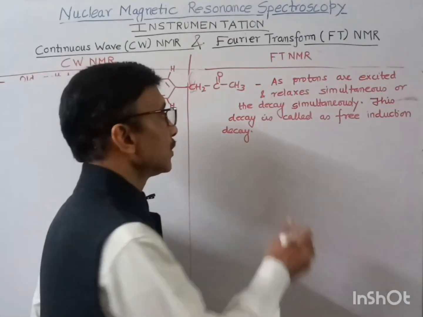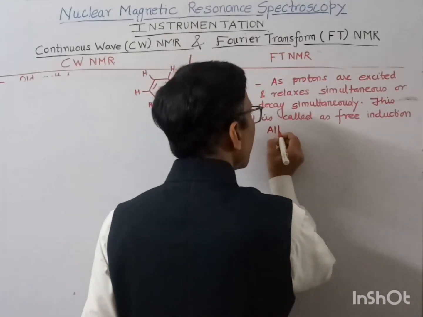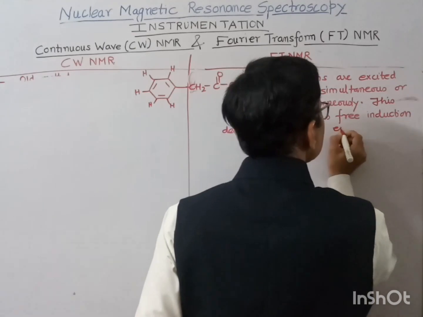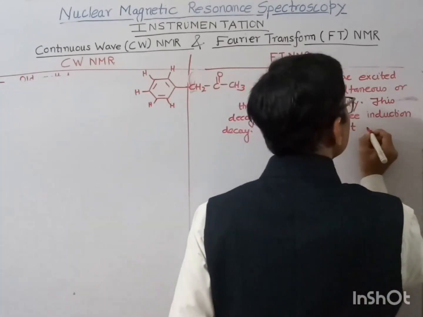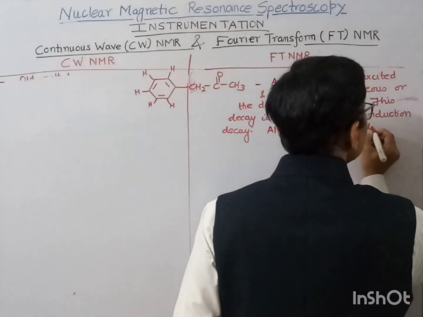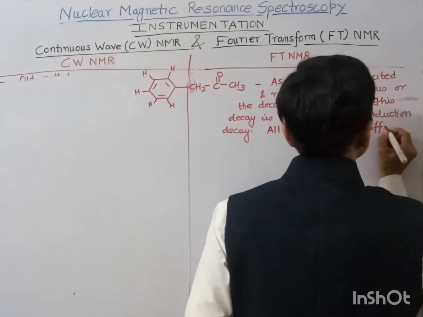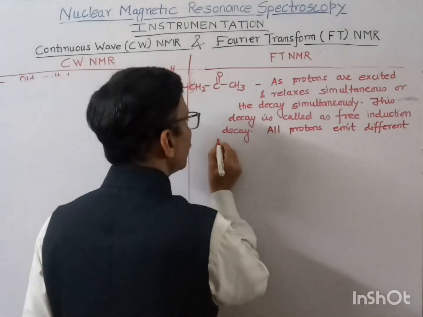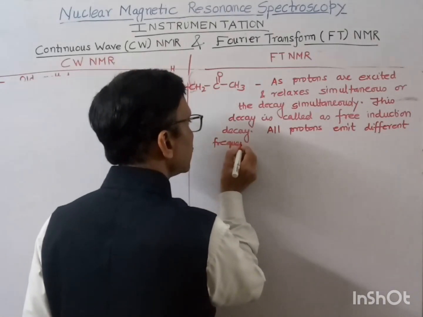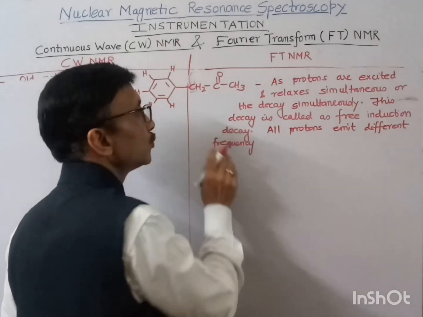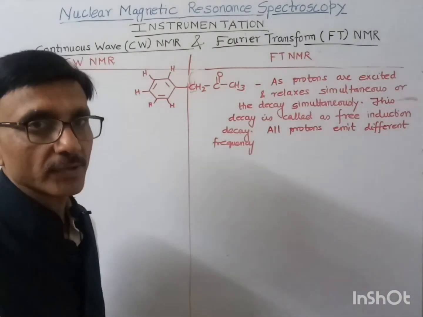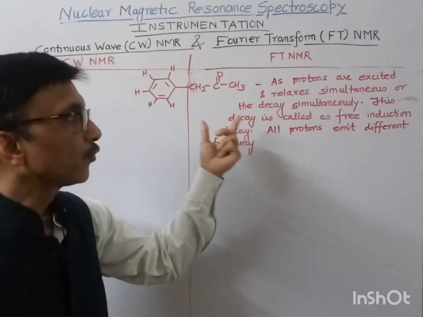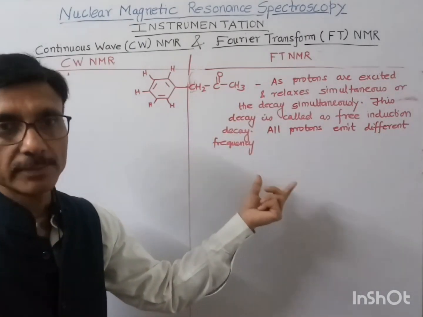So all protons emit different frequencies. Here this molecule will emit 3 different frequencies. Suppose 4 types of protons are there, then 4 different frequencies are emitted.